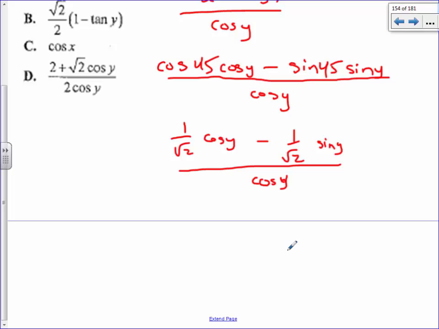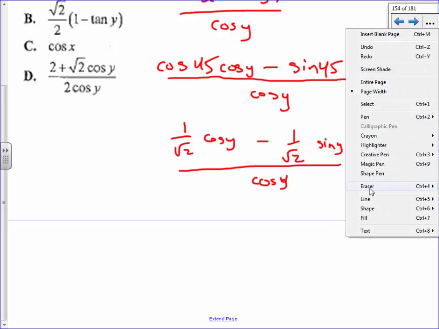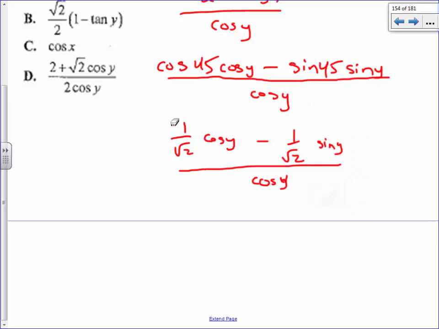Alright. I still don't have any of the answers, but I feel like I'm getting close to either B or D, because they involve root 2s. Can we change all of these right here then? Maybe rather than writing them like this, I'll erase it and just go right to root 2 over 2, for both of them.